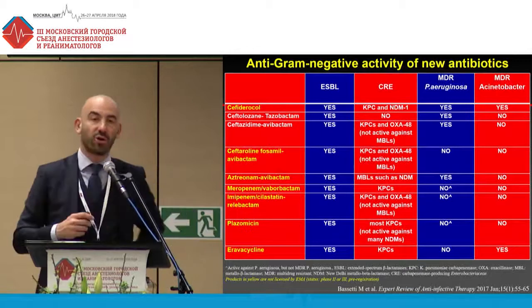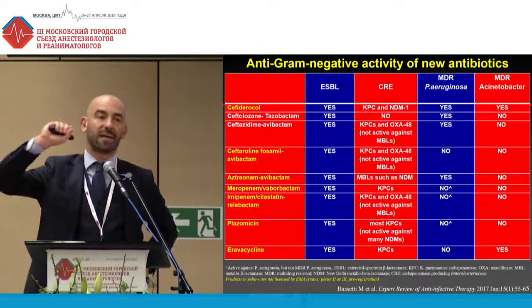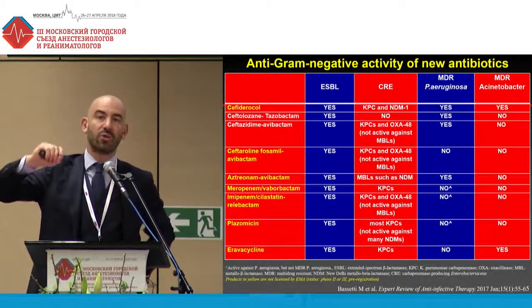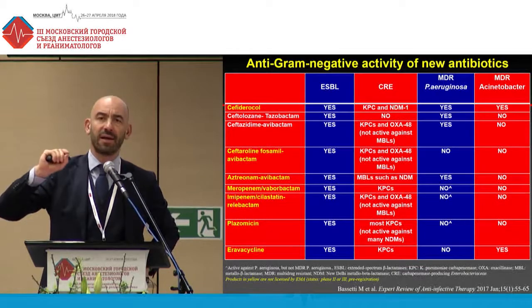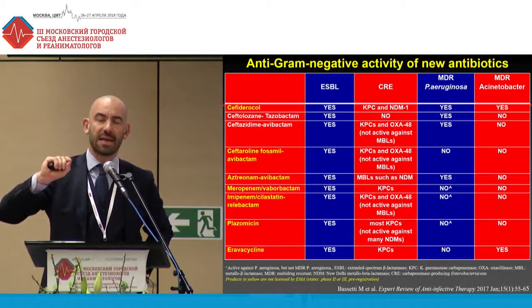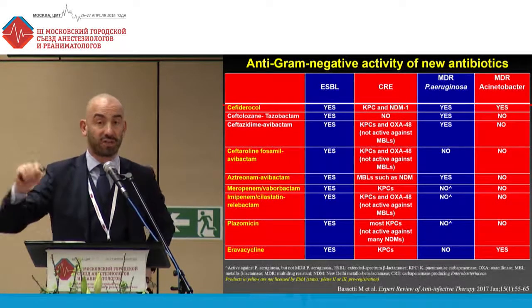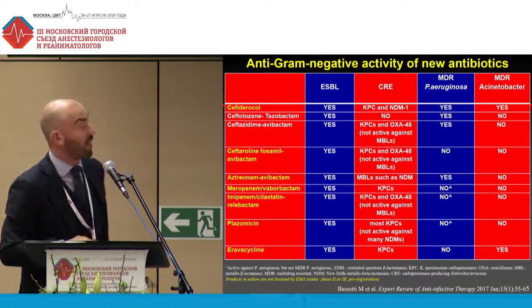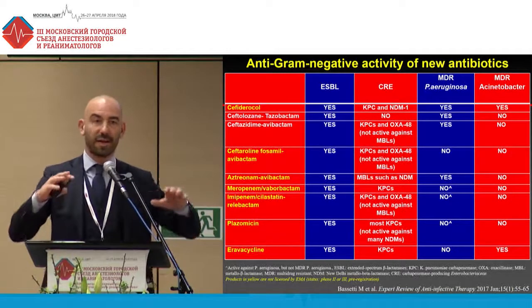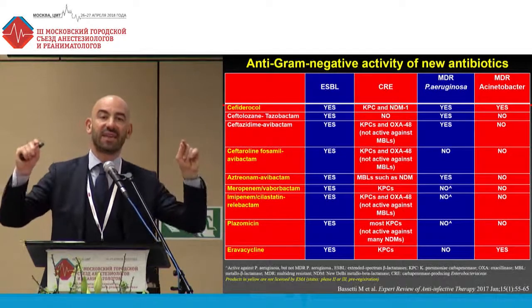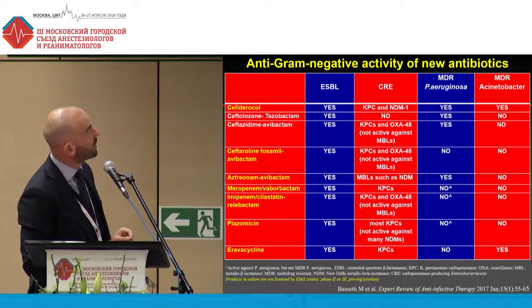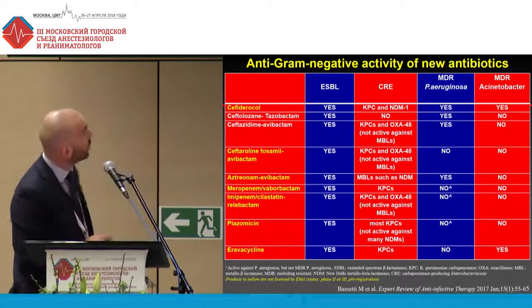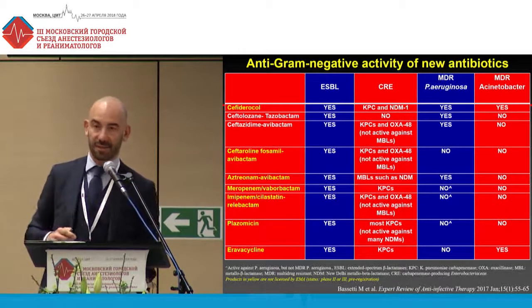So, more or less, talking about the new options, the new antibiotics, how these new antibiotics will fit in our armamentarium and in our possible choices. Here you have the 4 bad bugs that we can find in ventilator-associated pneumonia: ESBL, carbapenem-resistant Enterobacteriaceae, MDR Pseudomonas, and MDR Acinetobacter. And here you have the list of the new antibiotics.